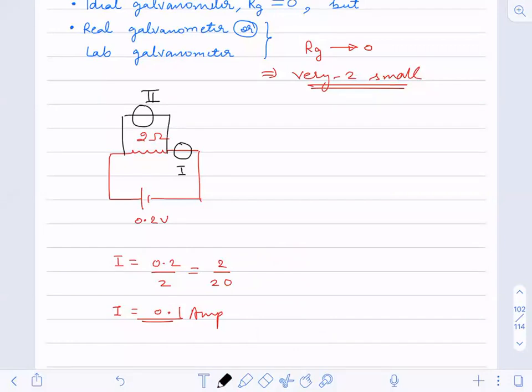If I'm asking you ammeter, where will you connect it? 1 or 2? For galvanometer, you are saying 2. Okay.